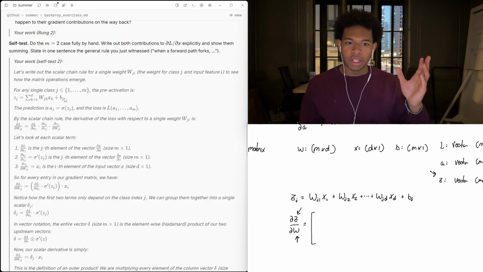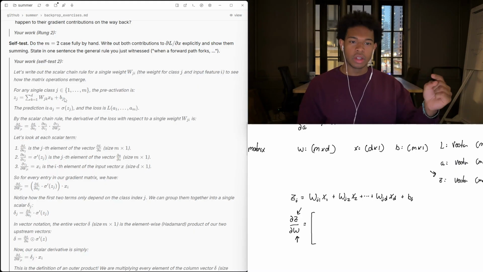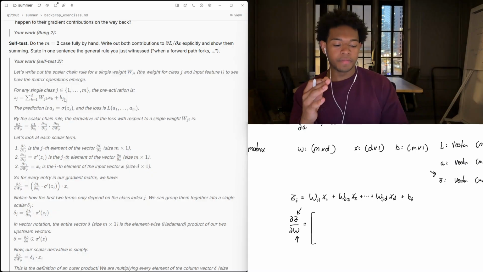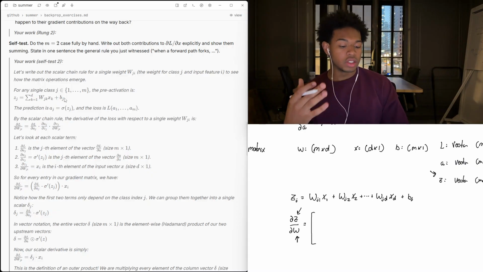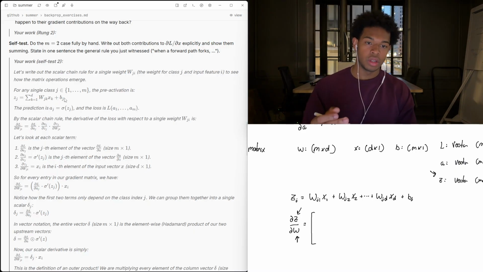We want it to be the same shape as the weights because it's a perfect map. So it must be M rows and D columns.